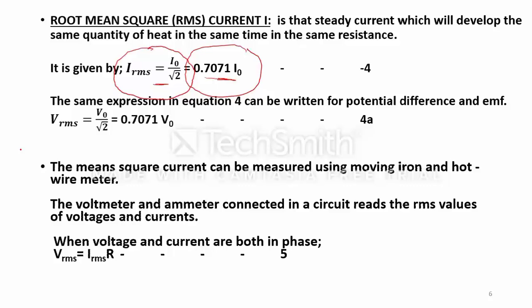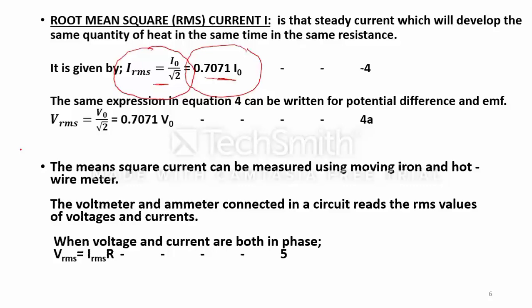Let's move forward. The voltmeter and ammeter that we use at the lab could be used to measure root mean square voltages and current. So a voltmeter and ammeter connected in a circuit read the root mean square values of voltage and current. Remember from Ohm's law that V equals IR. That's how we got equation 5.